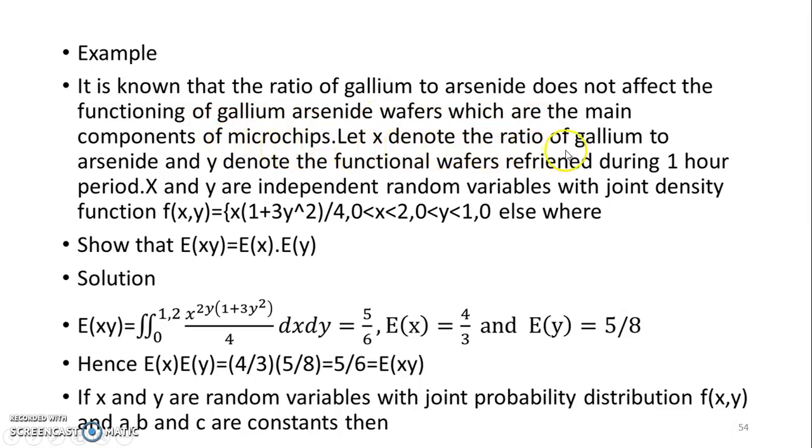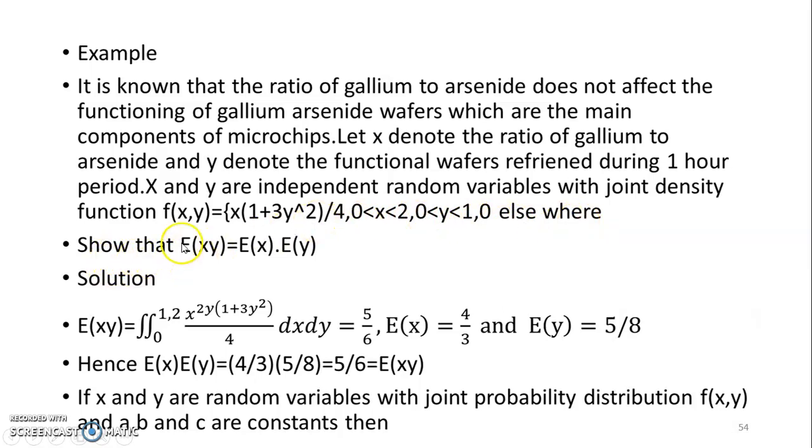Let X denote the ratio of gallium to arsenide and Y denote the functional wafers retrieved during a 1 hour period. X and Y are independent random variables with joint density function f of x, y, which is equal to x(1 + 3y squared)/4 for x between 0 and 2 and y between 0 and 1, and 0 elsewhere.